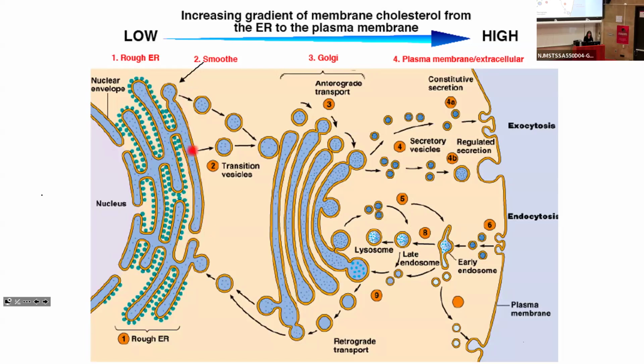The smooth ER is what forms vesicles, transition vesicles that can move proteins and contents of the ER from the ER to the Golgi complex, which is shown here. So as we're moving to the outside of the cell, the proportion of cholesterol within the membranes is increasing. All right, so the highest amount of cholesterol would be found at the plasma membrane, which is shown here.